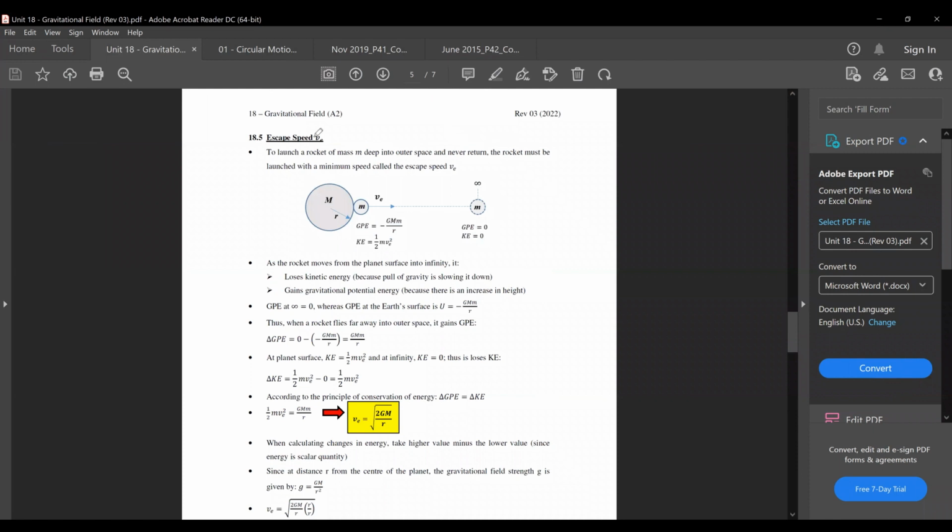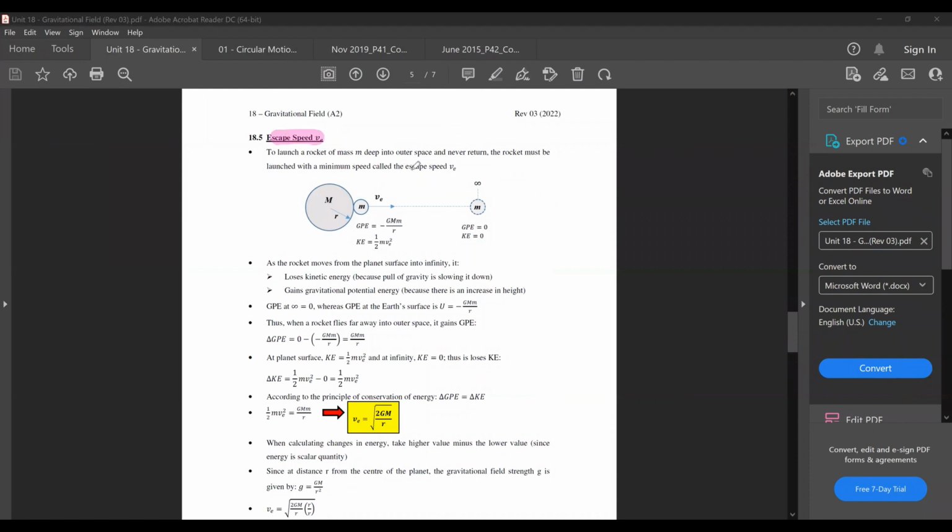Now, when we want to launch a satellite from a planet, let's just say, for example, this is our planet here. We want to launch some object far off into outer space. It could be a satellite, it could be a rocket, it could be anything. The thing is that generally when we want to launch an object out into outer space so that it never returns, the object must be launched with a certain minimum speed called escape speed.